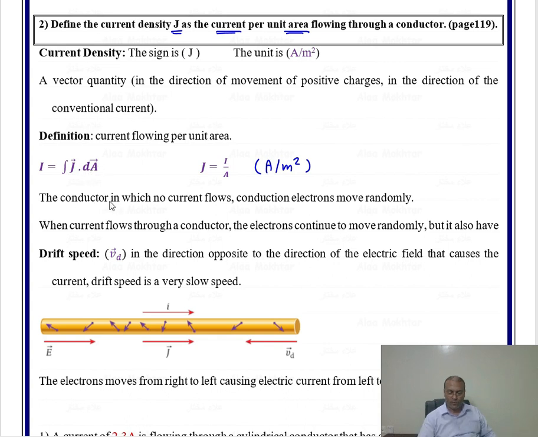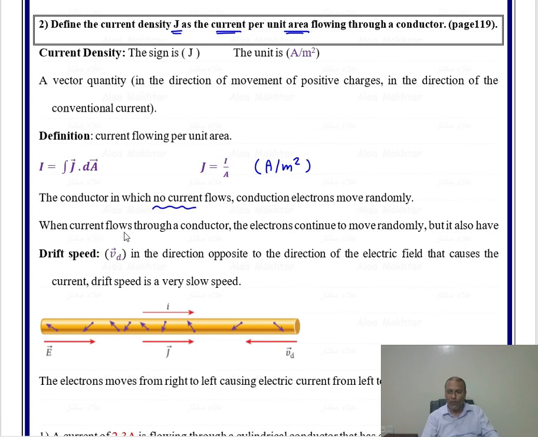If there is no current in a conductor, it means conduction electrons move randomly. What is meant by conductor? What is the difference between conductor and insulator? A conductor has free electrons. These free electrons are called conduction electrons.